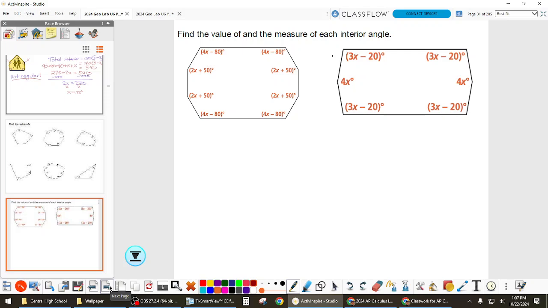So look at those two. If I handed you that 20 minutes ago, it would look like, oh my gosh, what do we have to do, right? It shouldn't look that way now. Tell me why. What do you think we would do? Let's just do the left one. We only have two equations that deal with interior angles, right?